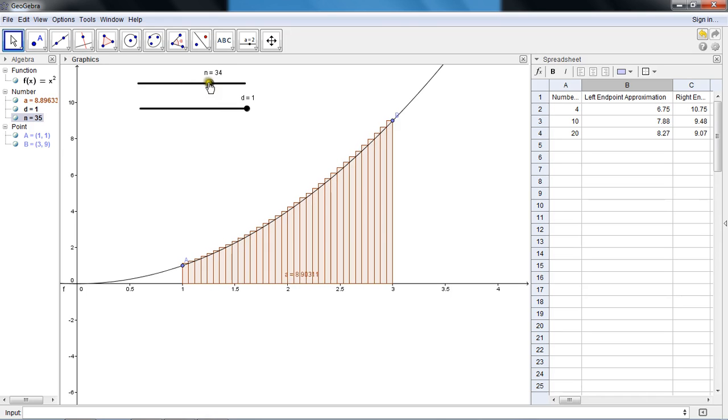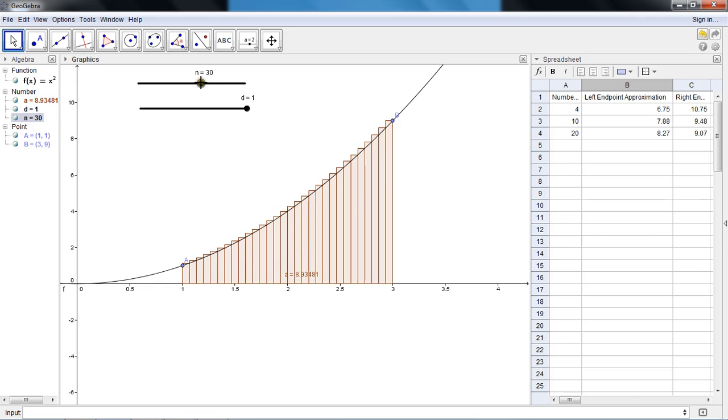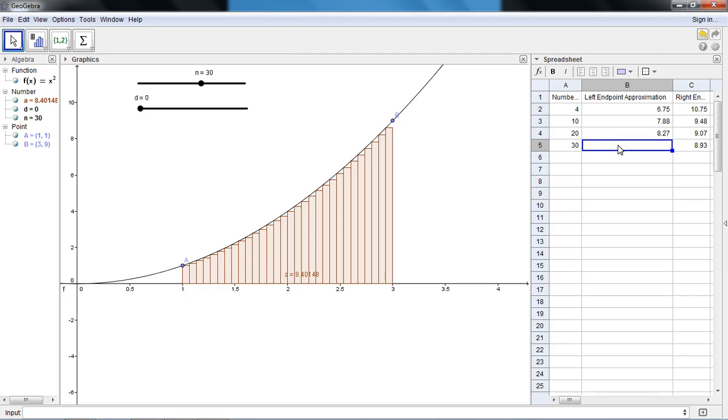So let's estimate a few more. Let's write down the numbers for 30. So the area for 30, I'm at the right estimate, this is 8.93 or so, 30 rectangles. And my left estimate is 8.40. And my under and over estimates start converging on one another.